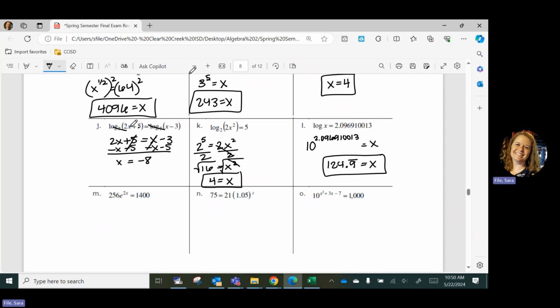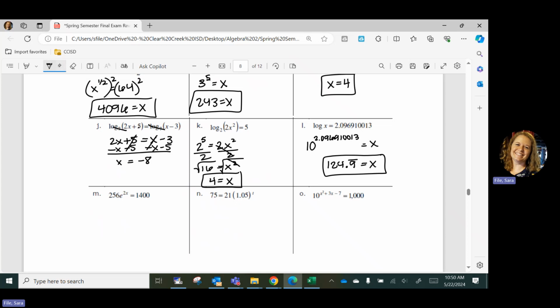Over here, if I do -8 times 2 is -16 plus 5, that's -11. So you might think that it works because you get -11 in both spots, but what you have to remember is you cannot take the log of a negative. So it's not the fact that the x value came out as a negative, it's that when you plug it in, your argument is a negative, and that can't happen.